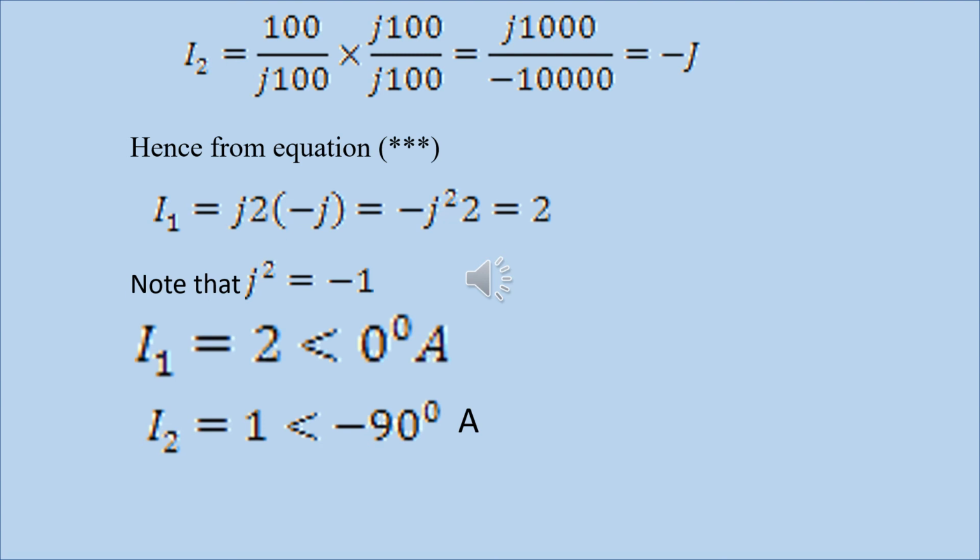Our I1 was initially j2 I2, so substituting the value of our I2 into that equation, we get our I1 equal to 2.